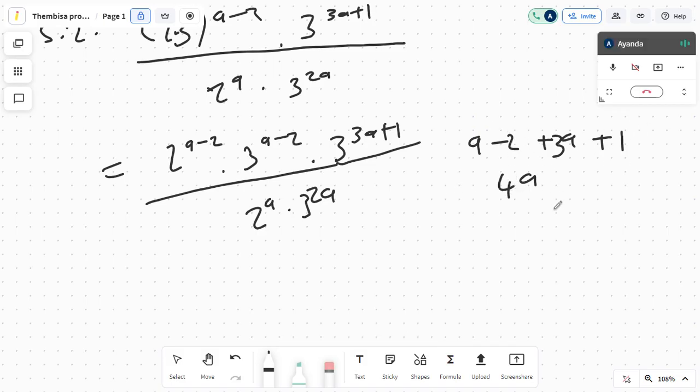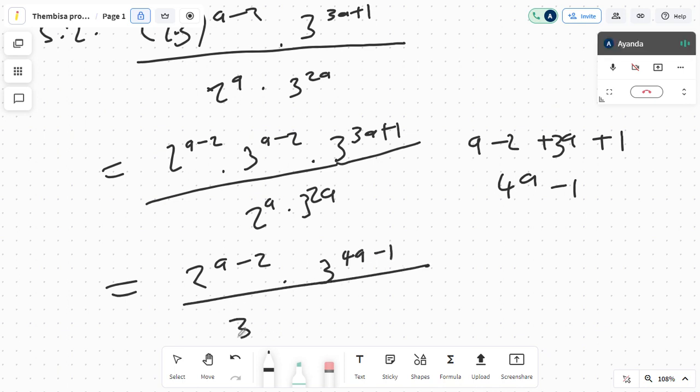Negative 2 plus 1 gives us just minus 1. So we now have 2 to the power of a minus 2 times 3 to the power of 4a minus 1, everything over 2 to the power of a times 3 to the power of 2a.